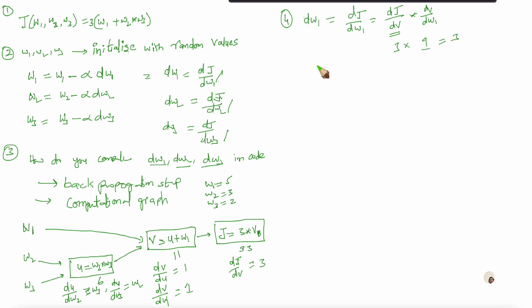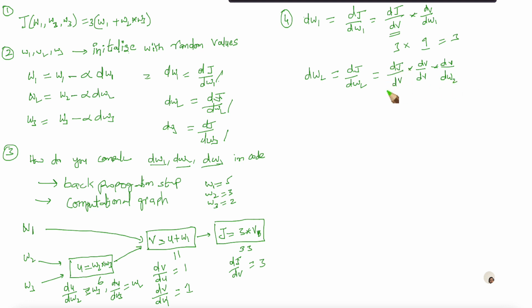So that is equal to 3. And then how about dw2? Let's see, dj by dw2 is equal to dj by dv, dv by du, du by dw2.